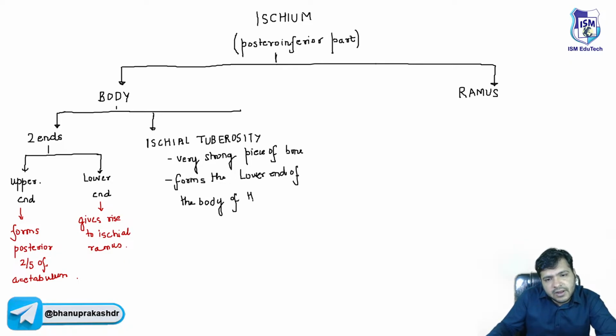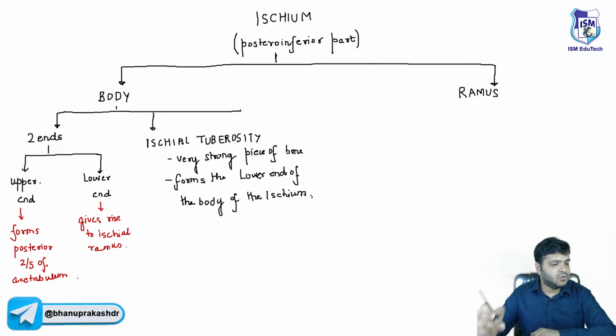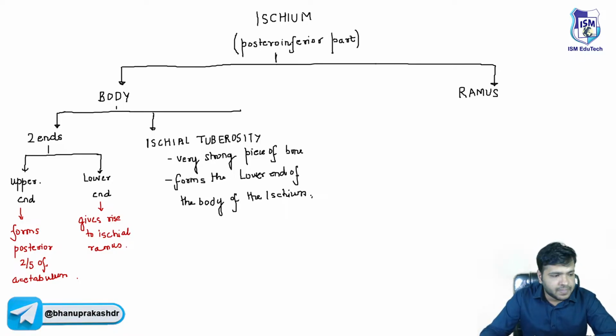Now beta, this ischial tuberosity, again, this is a very, very important part.